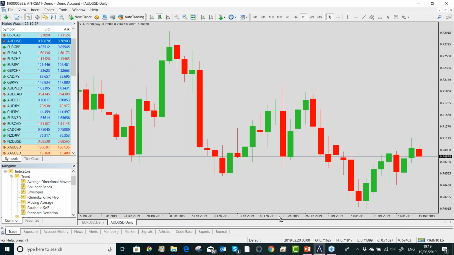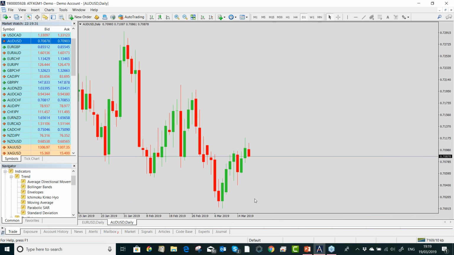And I personally find that using candlesticks is my favorite way of analyzing price action, because I can see very clearly which way price is going for each period of time. Do we have a green candle or a red candle? And I can also see very clearly how big the body of the candle is relative to the wicks of the candle, and that gives me an indication of what's going on in the market.